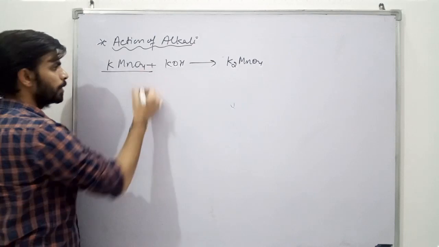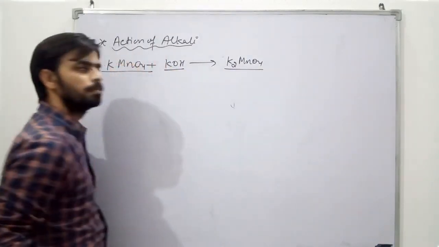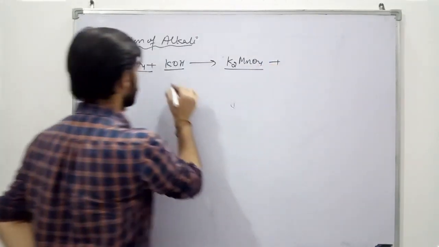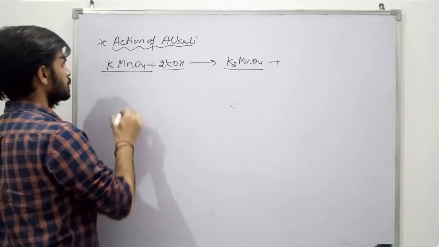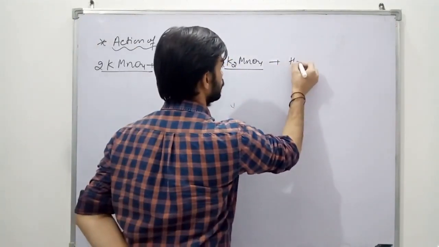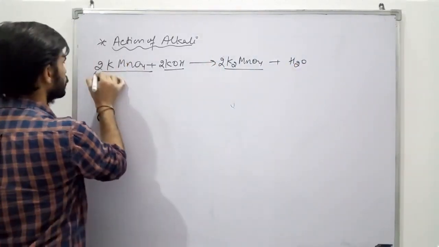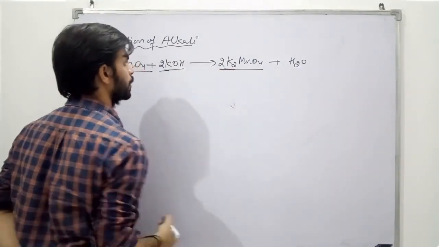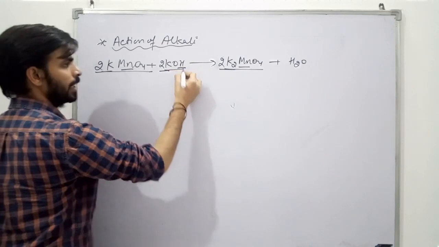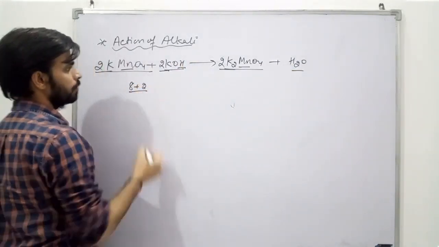Again, potassium permanganate, when treated with KOH, converts into potassium manganate with water. Now, twice of this, twice of this. Use this plus H2O. Now, check whether it is a balanced equation or not. 2 plus 2, 4 potassium, 2 manganese, 2 manganese, 2 hydrogen, 2 hydrogen. 4 times 2 is 8 plus 2, 10 oxygen.